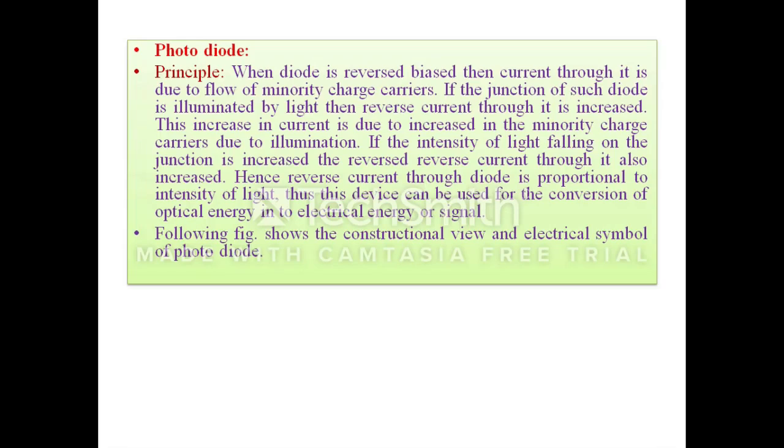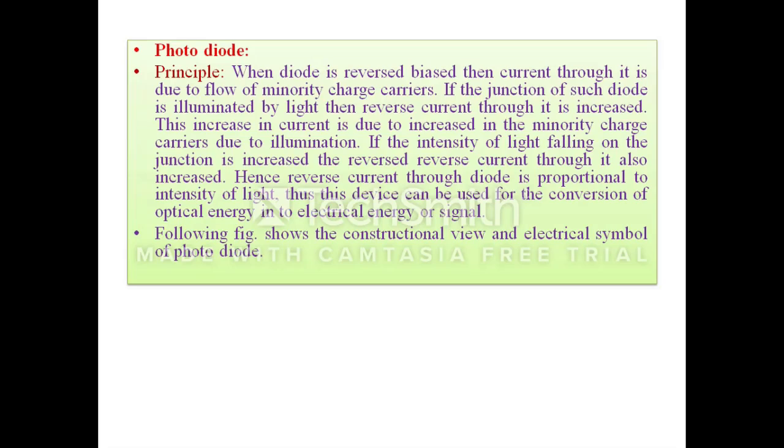Photodiode. About the principle of operation of a photodiode: when the diode is reverse biased, the current flowing through the diode is due to the minority charge carriers. If the junction of such a diode is illuminated by light, then the reverse current through the diode increases. This increase in the current is due to the increase in the minority charge carriers due to the illumination.